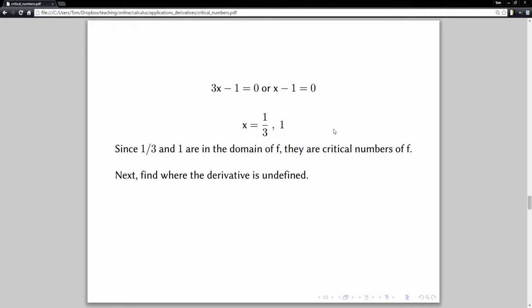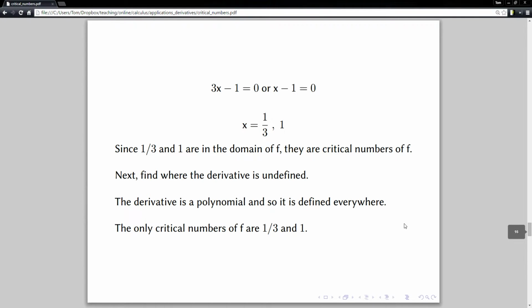In this case, the derivative of f is also a polynomial, so its domain is all real numbers. That means it's defined everywhere. So we don't have to worry about those types of critical numbers in this one. We will do a couple examples after this so that you can see how that case is handled. So in this example, the only critical numbers that we found were 1/3 and 1.